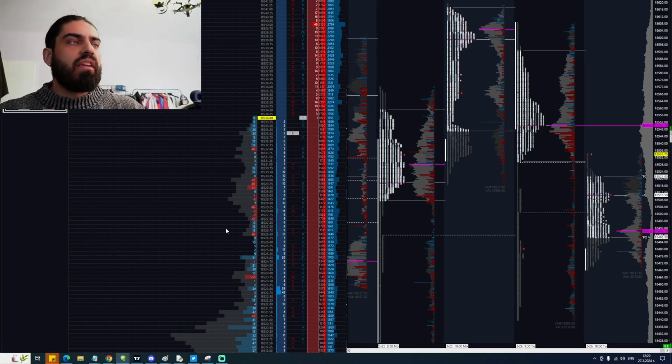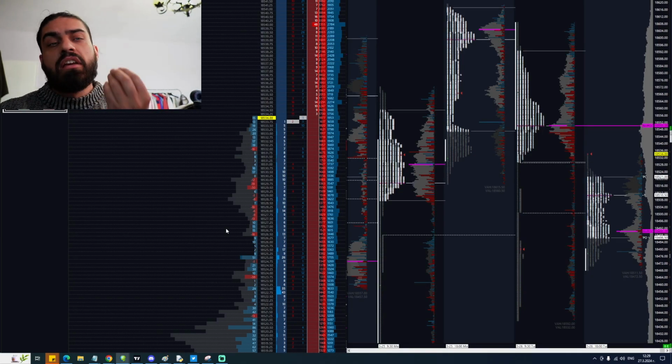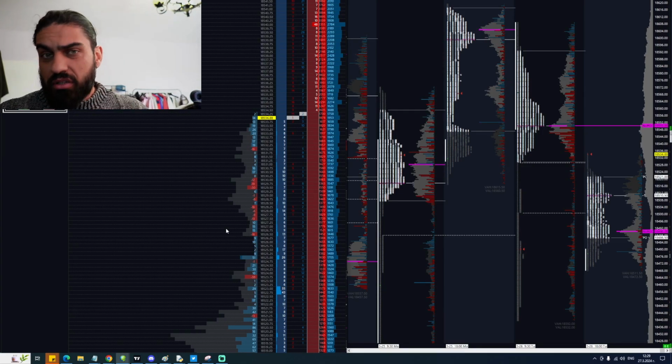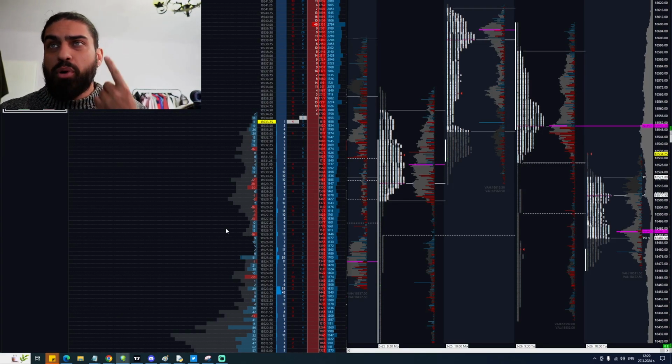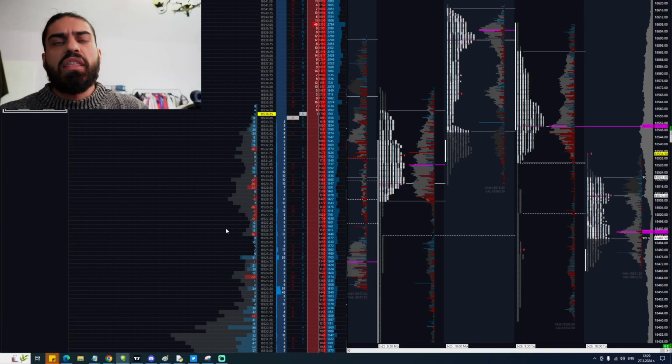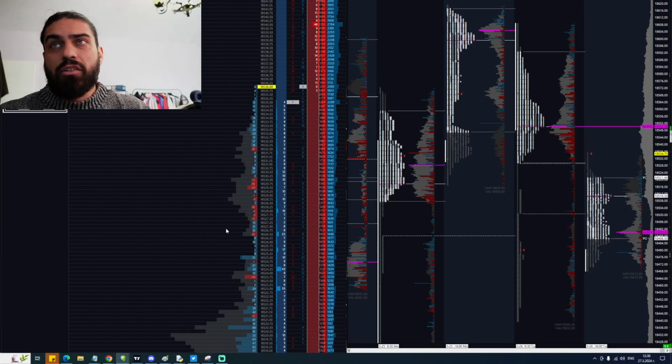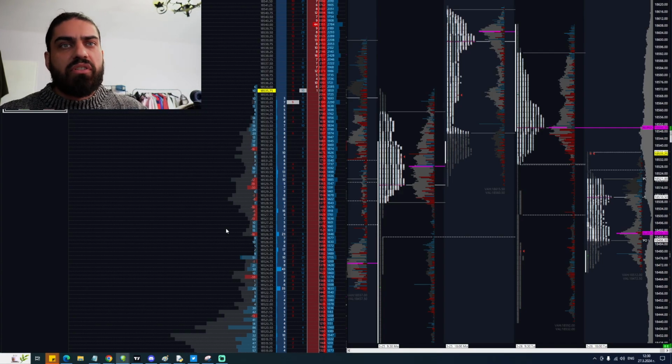So if we assign that a dollar value, that's $5,000 worth of movement per singular contract on a given day. The S&P, on the other hand, is, I believe, about 20 to 30 points on average of movement, which if we assign that a dollar value, it's $1,000 to $1,500.